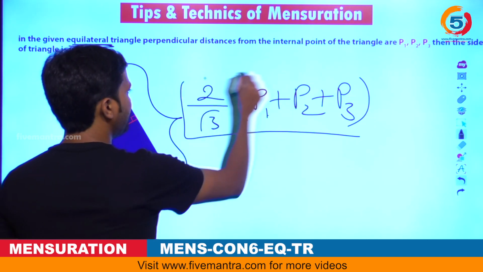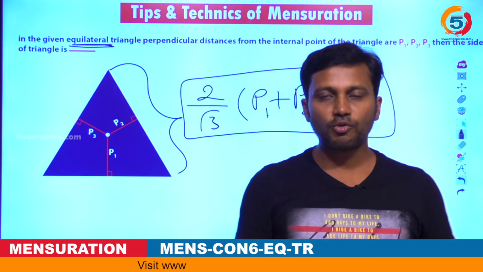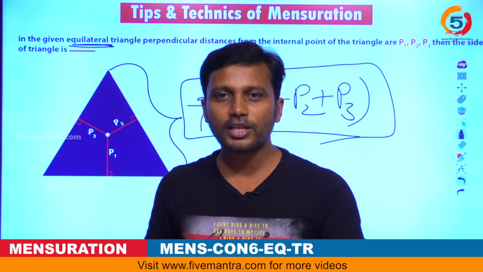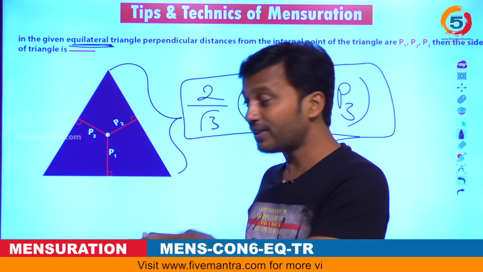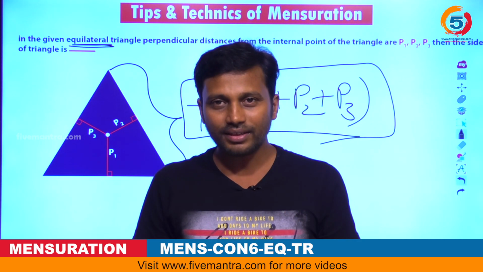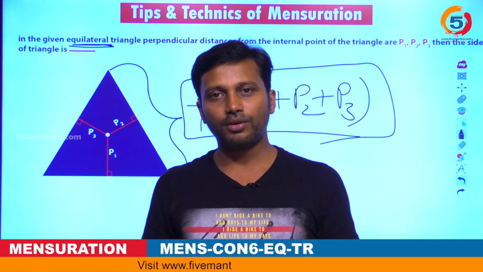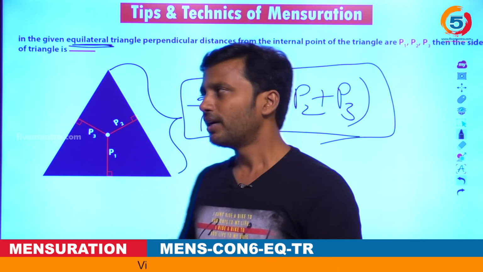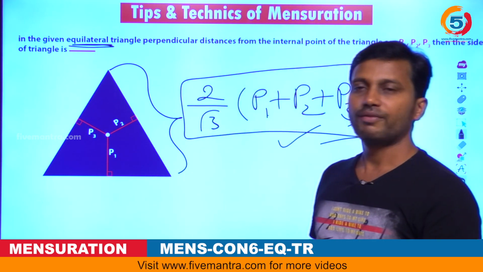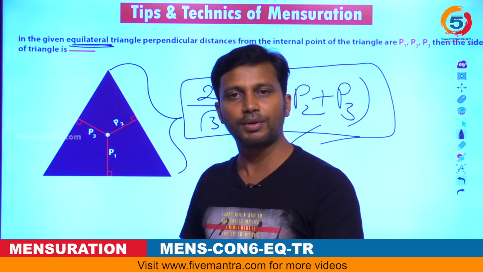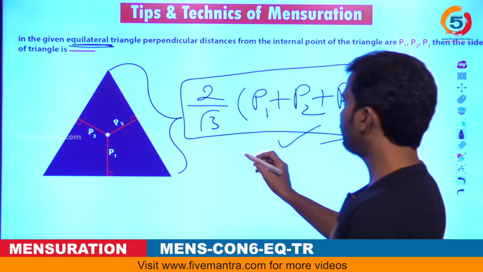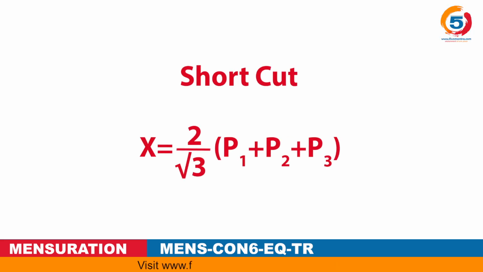While writing the examination, if some question is given related to this, do we need to involve all the procedure as we did before? Not required, no. We don't need such a big procedure. We just need to remember this value. When P1, P2, P3 are the perpendiculars from any internal point to the sides of an equilateral triangle, then its side will be equal to what? 2 by root 3 into P1 plus P2 plus P3.